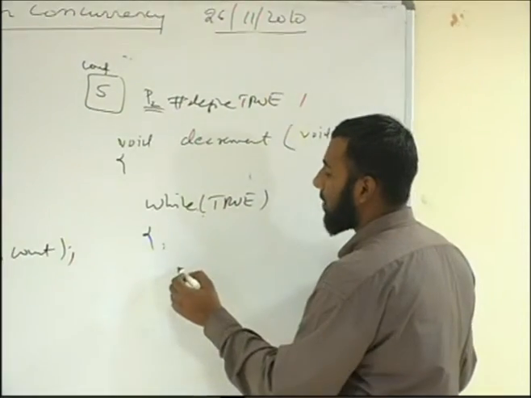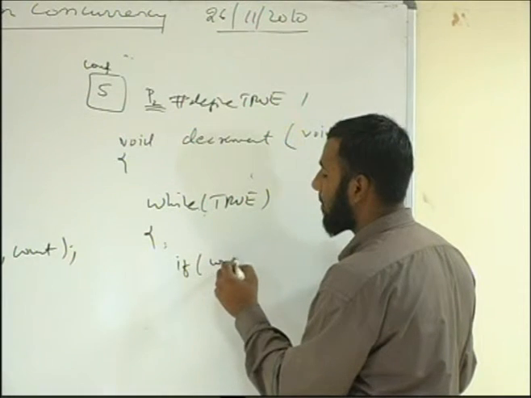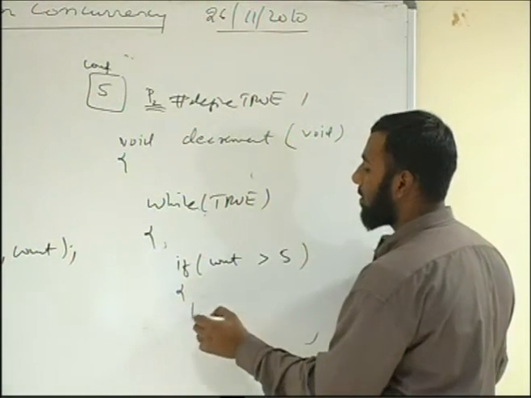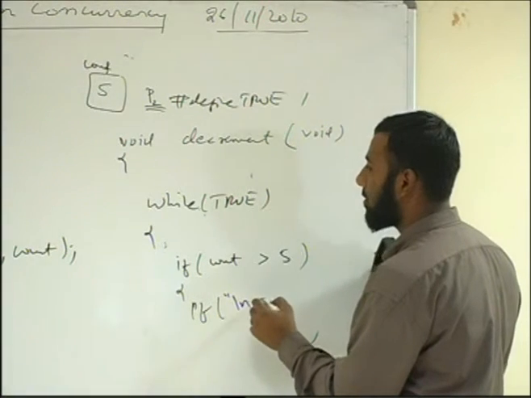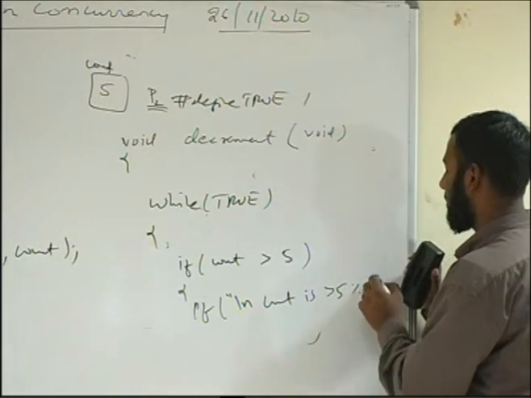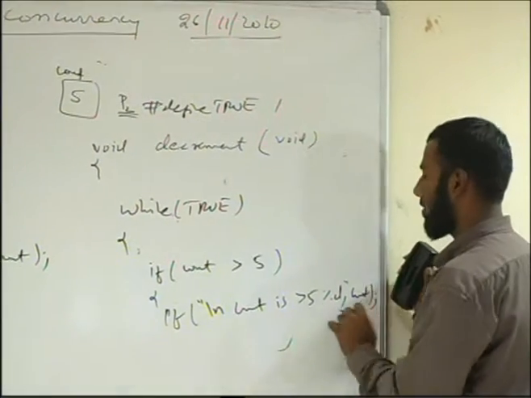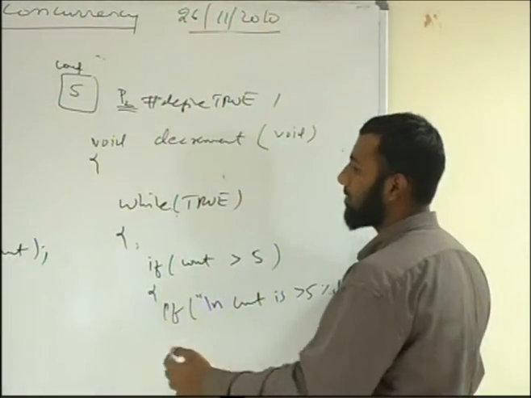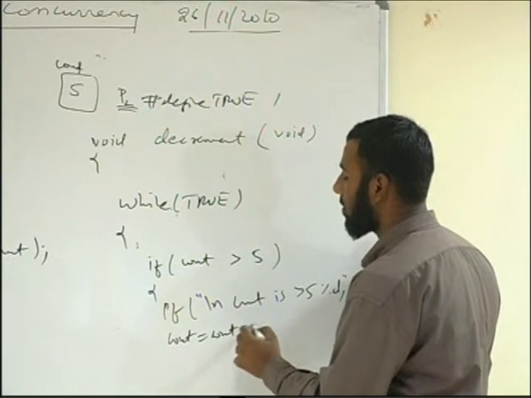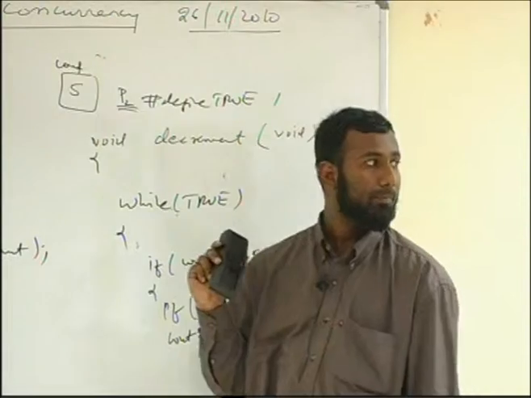Now here it checks the value again. If count is greater than 5, then it also prints that the value of count is greater than 5, and then it reduces the value: count is equal to count minus 1.